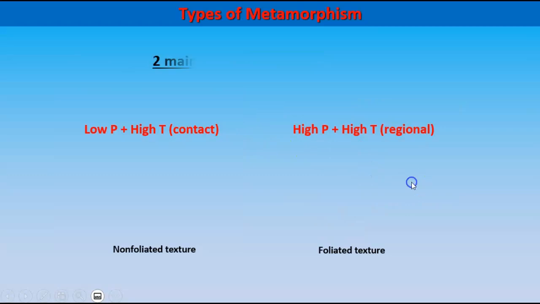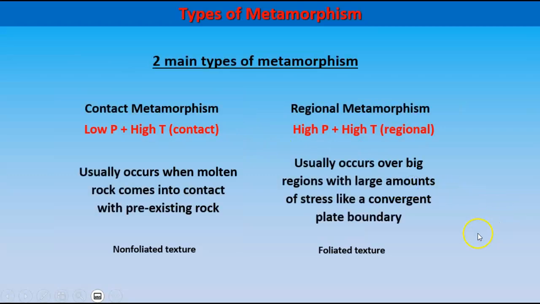So if we're asking, all right, what is foliated? Well, we're going to argue that this foliated texture here is the result of extreme differential pressures applied to the rock. When we see this type of texture, what I want you to think is high differential pressure, and I want you to think in this term, regional metamorphism.